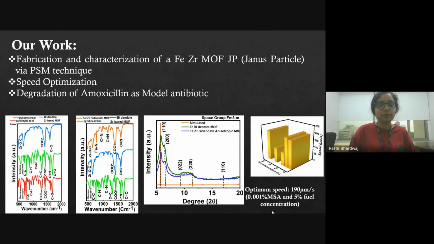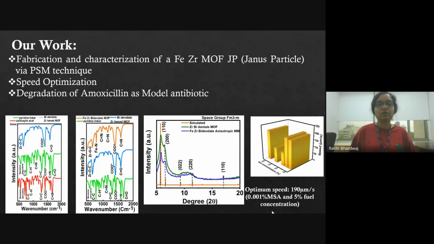The optimum speed that we obtained was 190 micrometers per second at optimum concentration of MSA and fuel concentration. Basically, we have added a motion stimulating agent. What it does is, when it reacts with fuel, it creates bubbles which push the MOF in the forward direction. Sometimes, due to over-fuel or lower fuel concentration, the bubble generation is not stabilized.